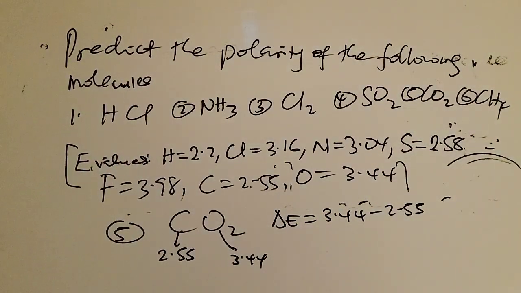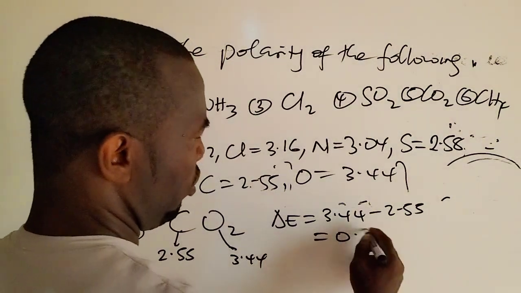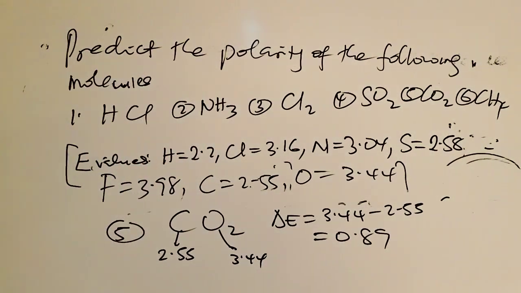When we subtract, 3.44 minus 2.55 will give around 0.89. Okay, 0.89, about that, which is a big value. That will suggest that this molecule may be polar.